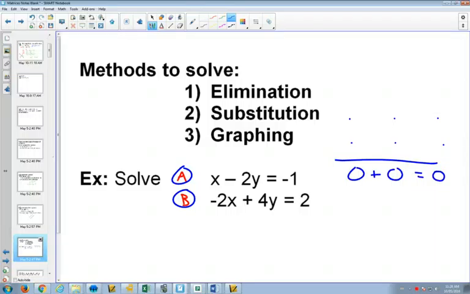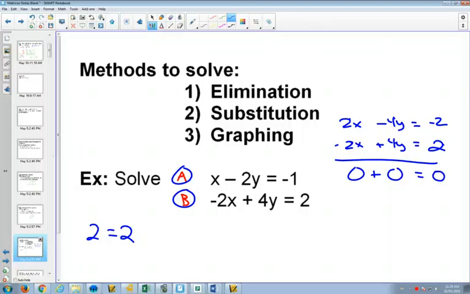So you multiplied equation A by 2, which gave you 2x minus 4y equals negative 2, and you had negative 2x plus 4y equals positive 2, and when you added them up, everything got to be zeros. For those of you that used substitution, after you substituted, your y's went away, and your equation became 2 equals 2.